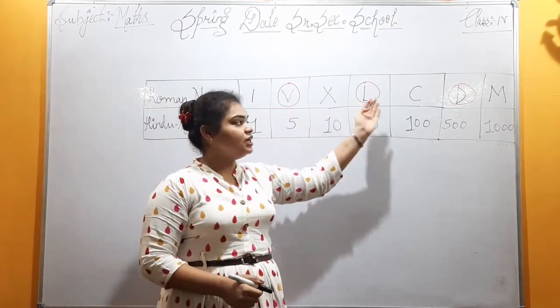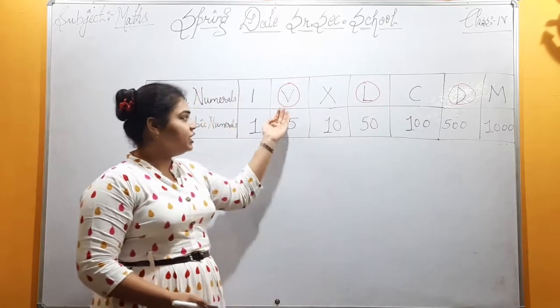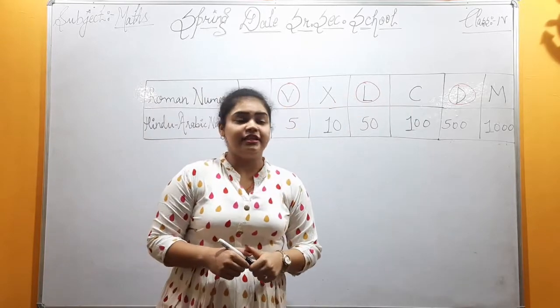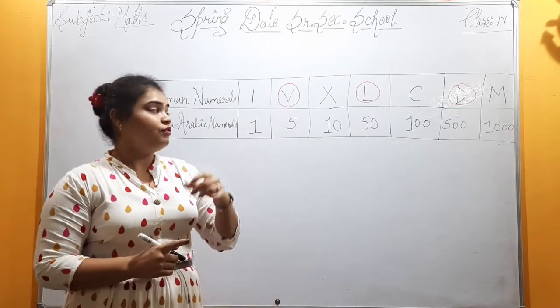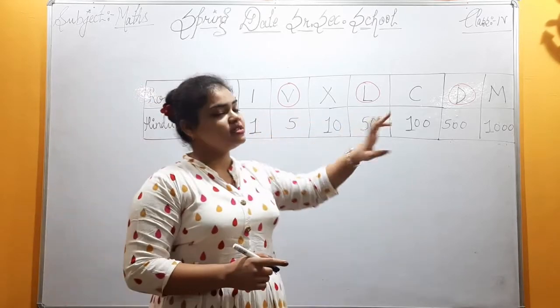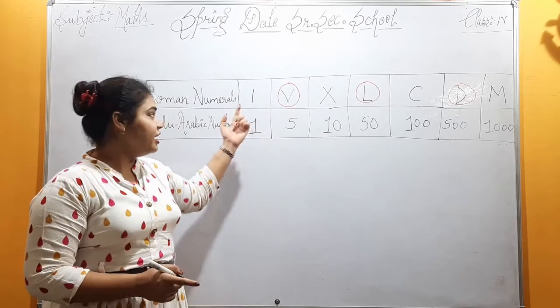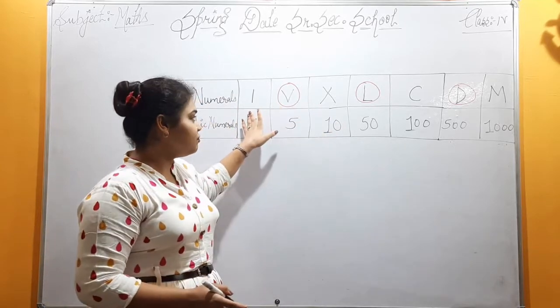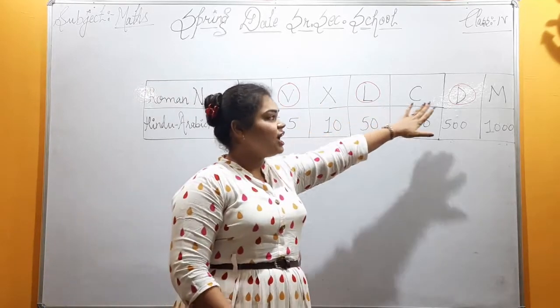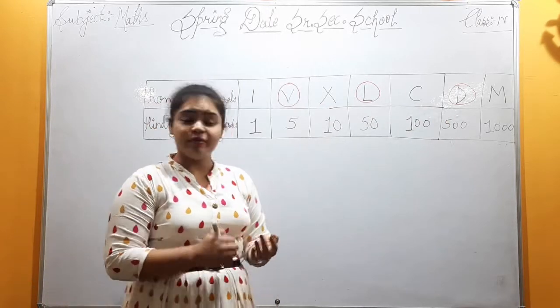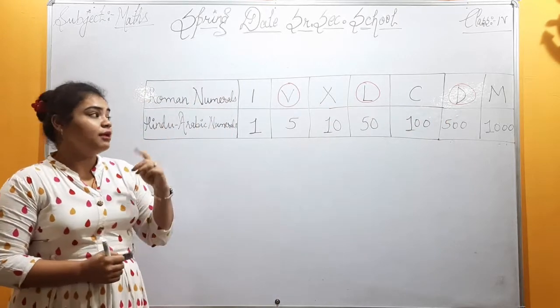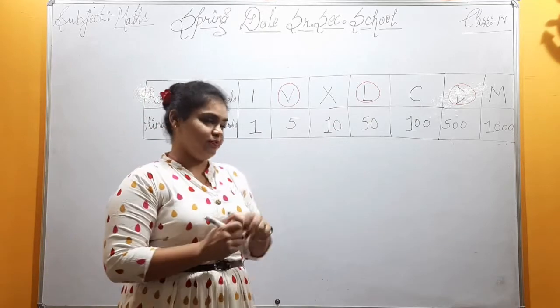These three symbols V, L and D are not repeated more than once. We can only write these symbols one time, but the rest of the symbols, that is I, X, C and M, can be repeated 3 times, but not more than 3.